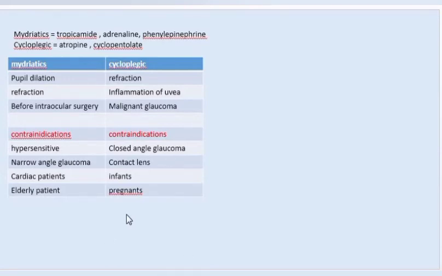So because of this reason, it is not used in narrow angle glaucoma where the angle is small. Since the angle will close and there is a restriction of the flow of the aqueous humor, it is not used.